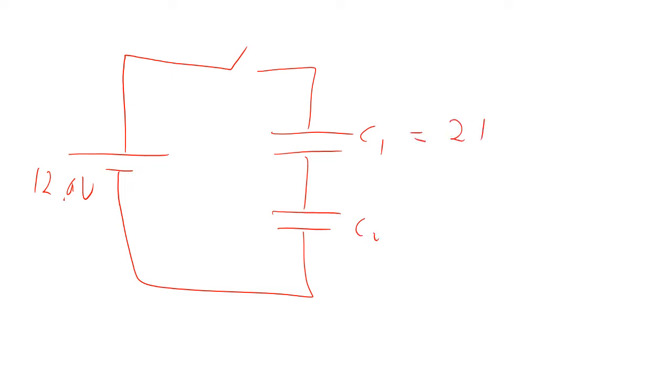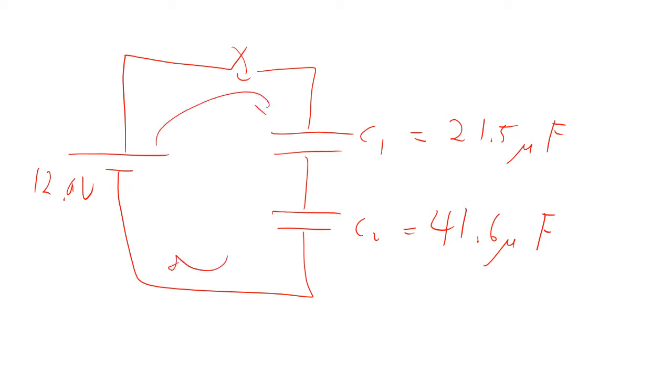C1 is going to be 21.5 microfarads and C2 is 41.6 microfarads. I close the switch, current flows, charge happens, and so I want to know what is the charge and voltage on each one of these.